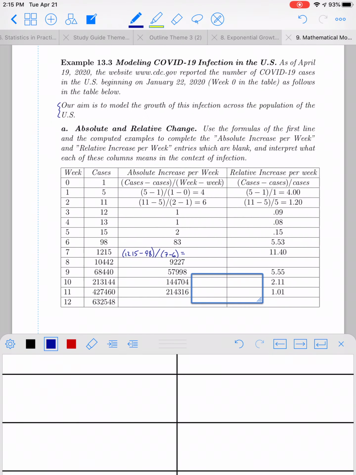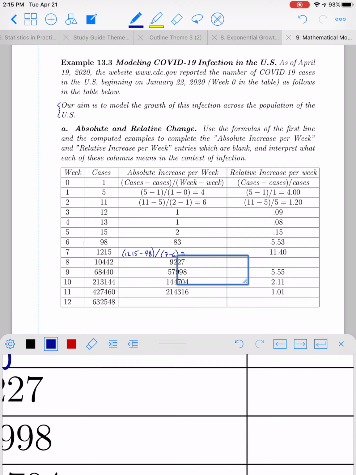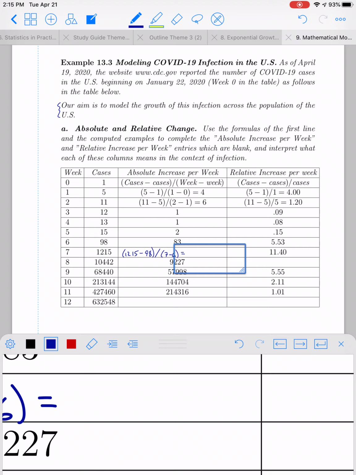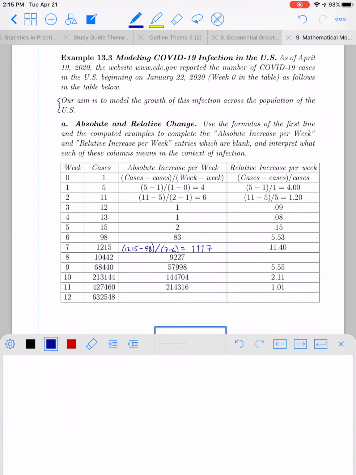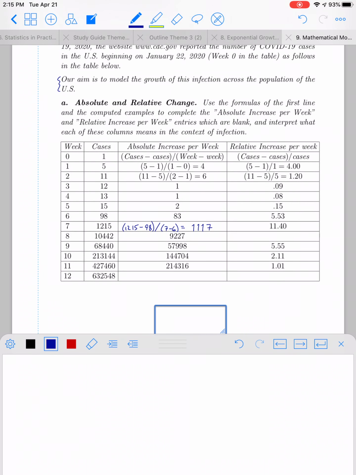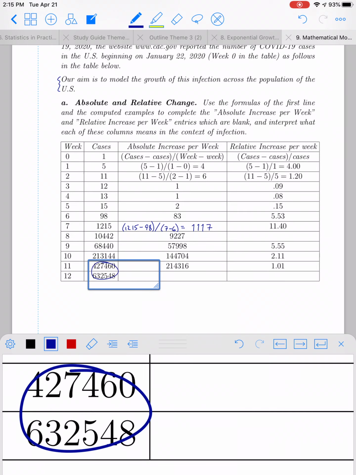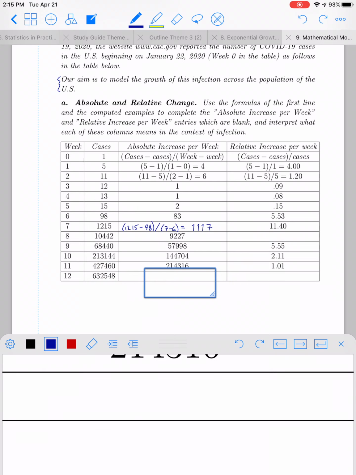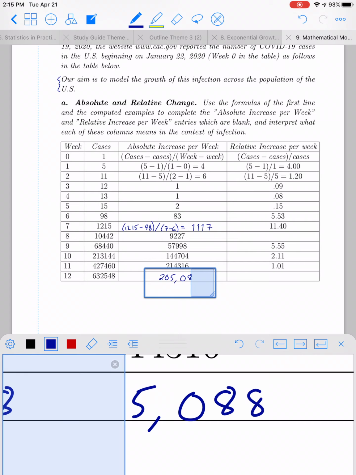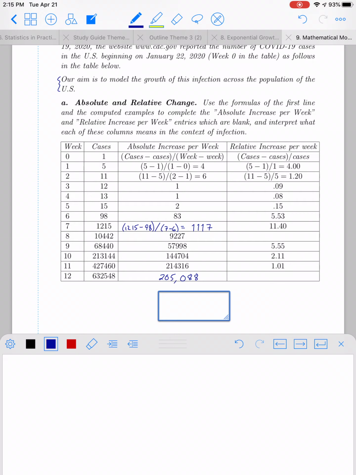And 1 is actually the denominator in all of these, so it's extra information that we don't need, but to be more general about this problem, it's good to do that. 1,117 is our absolute change between week 7 and week 6. If we do the same at the very bottom, the absolute change from week 11 to week 12, the difference of these two numbers, the more recent minus the older, we end up with 205,088. So these are our absolute changes.